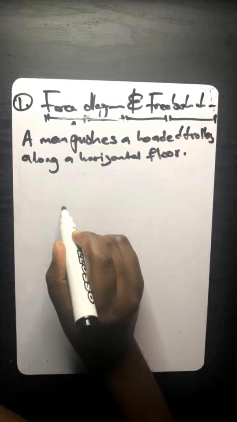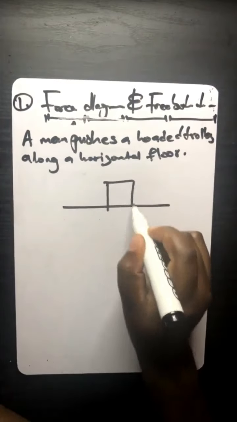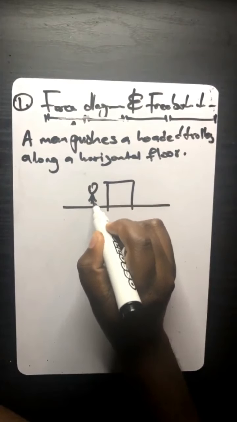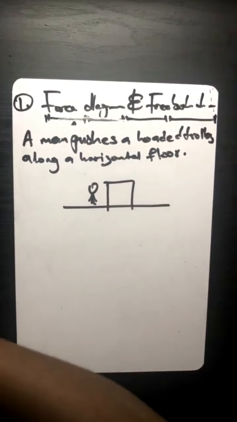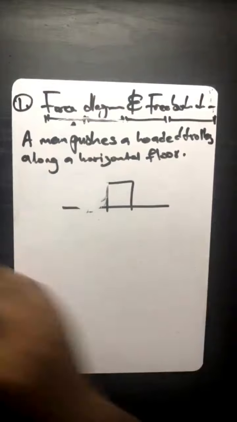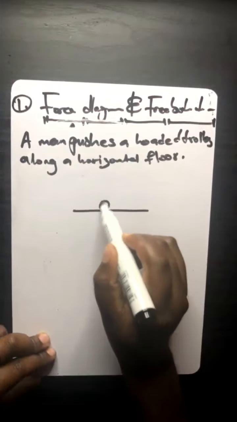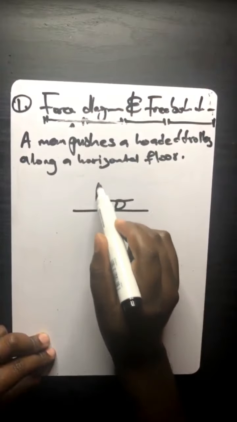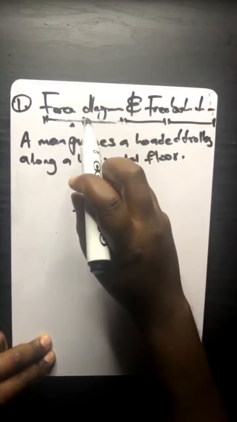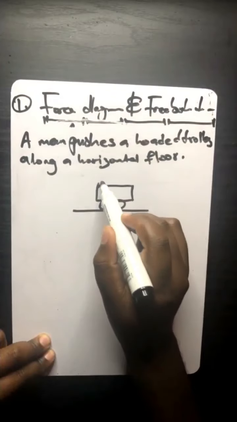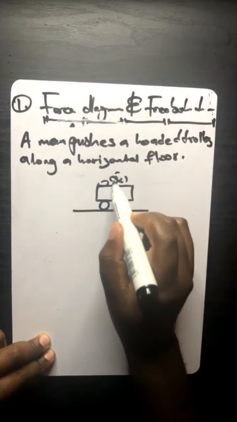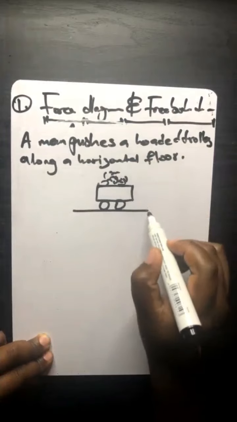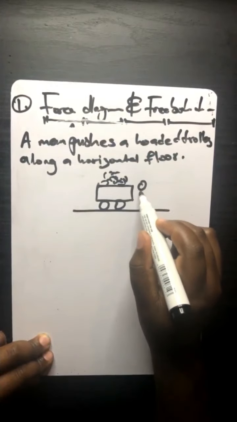So this is what we have, and we've got a man who's actually pushing. Let me put this man on this side of that loaded trolley. So I might need to just redraw all of that trolley. Yeah, it's a loaded trolley with some objects there. So here's the man who's pushing that trolley.